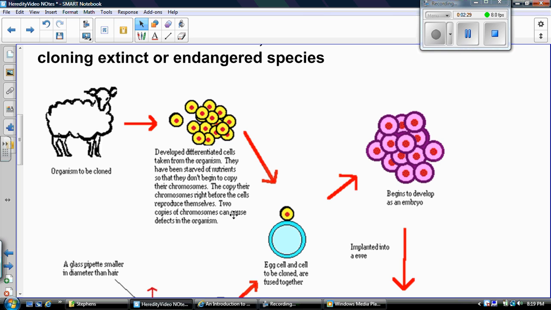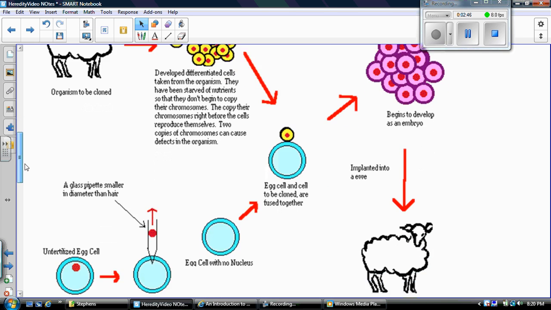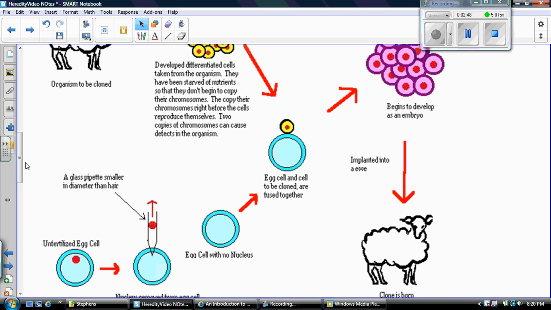Two copies of the chromosomes can cause defects in an organism. So then the egg and cell to be cloned are fused together. And then once that egg and the cell that are going to be cloned are fused together, that cell becomes what we call fertilized, and it can start making a copy or a clone.